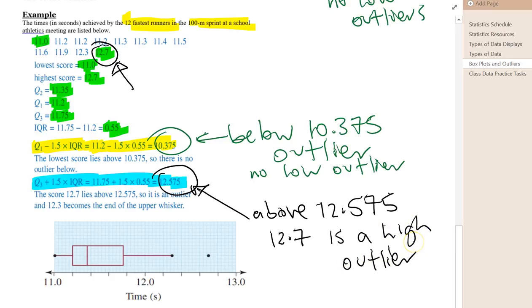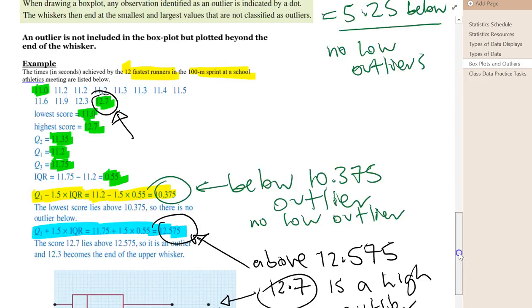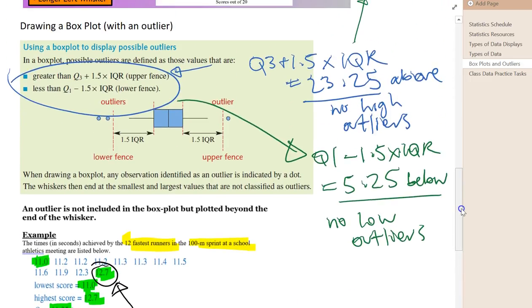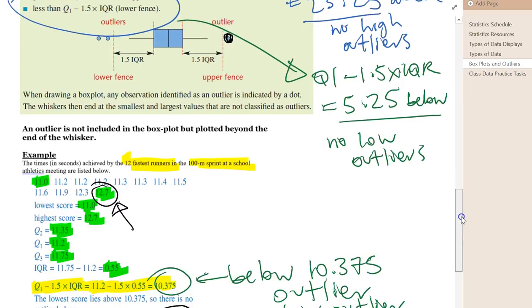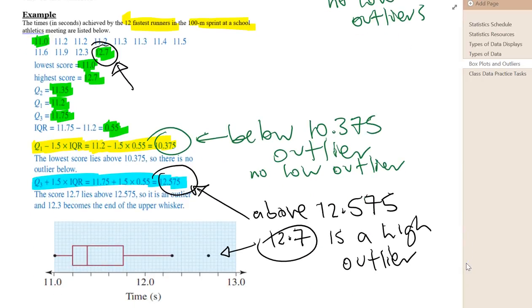So what we do is we draw 12.7 here as a separate dot. And normally, if you look in this diagram here, you might draw it like an open dot, not necessarily coloured in. So keep that dot as a circle rather than filled in if you like. So we've drawn all the other points.